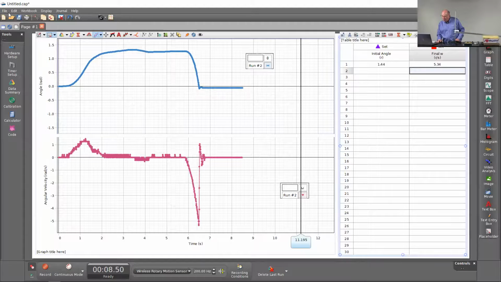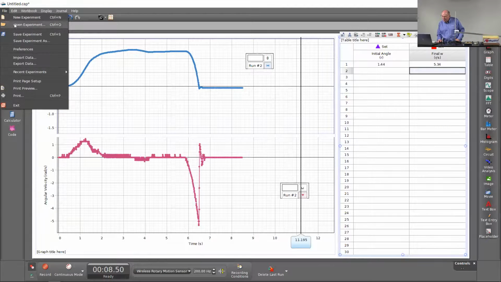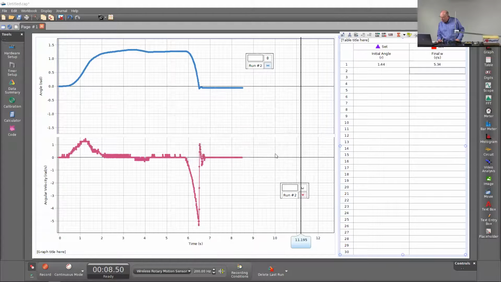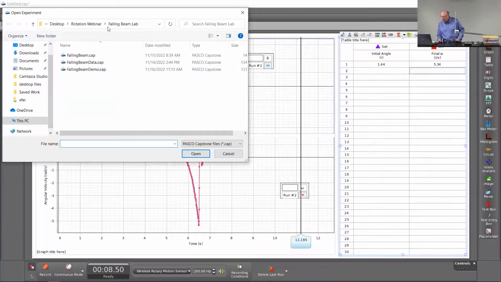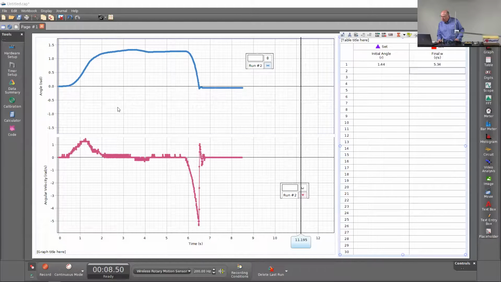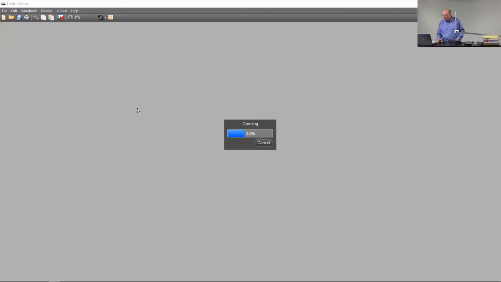And so I'm going to open up a file I've already made here. This falling beam. And I do have SparkView files for that as well, if you wanted that. And so this one is just for the webinar.